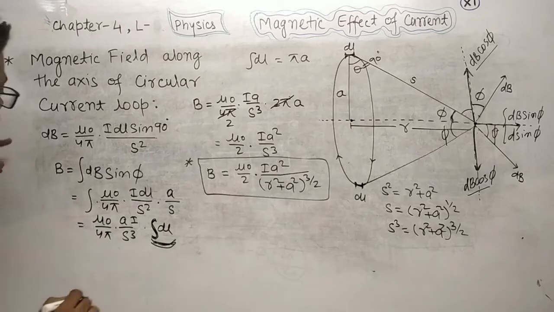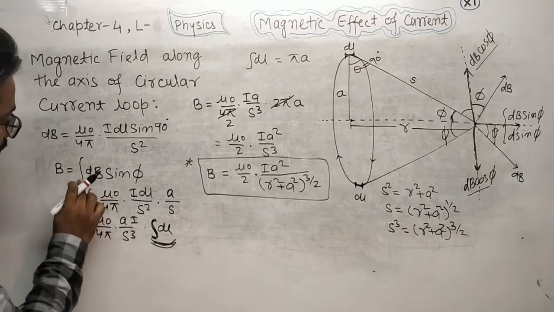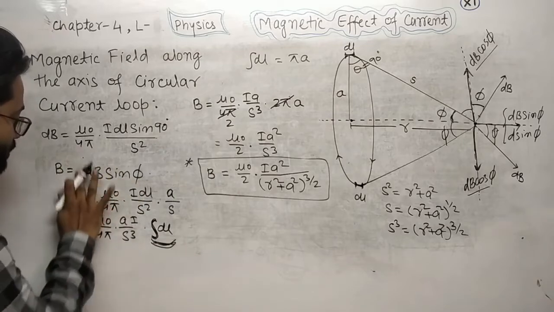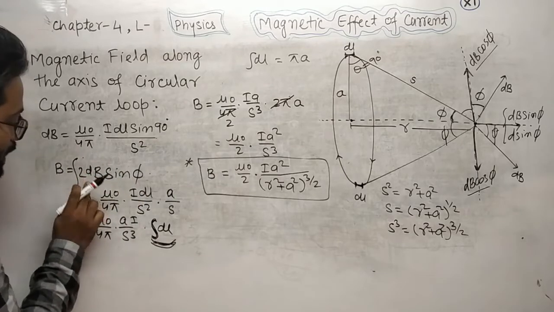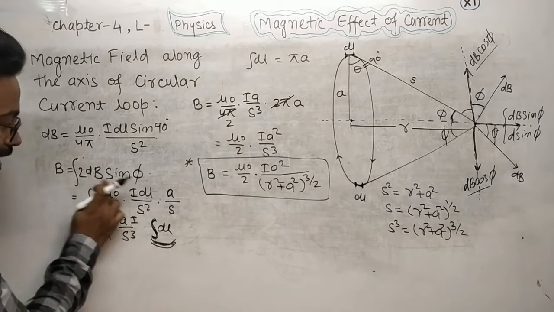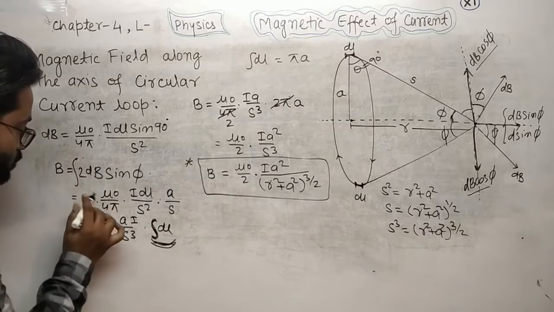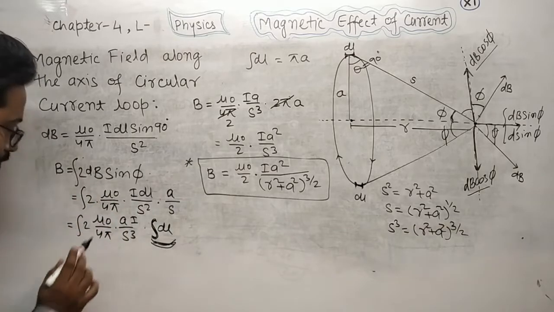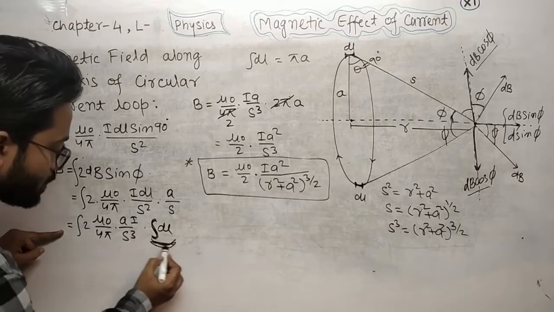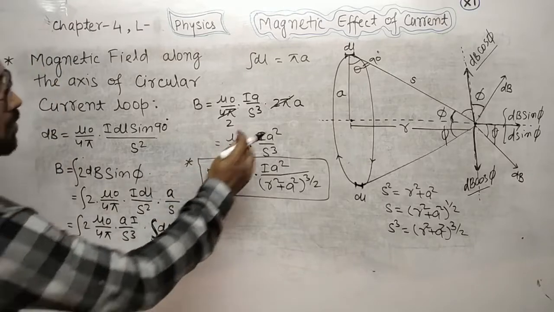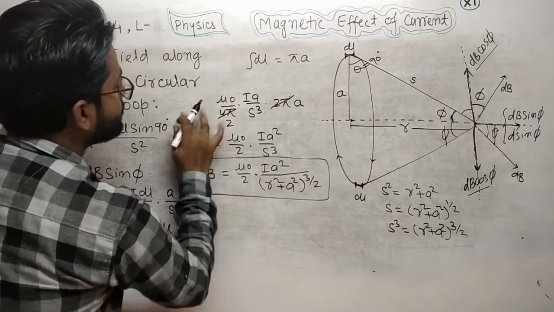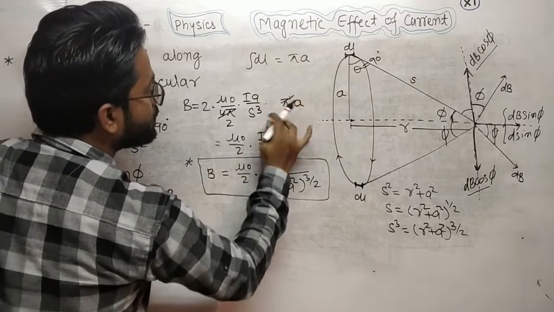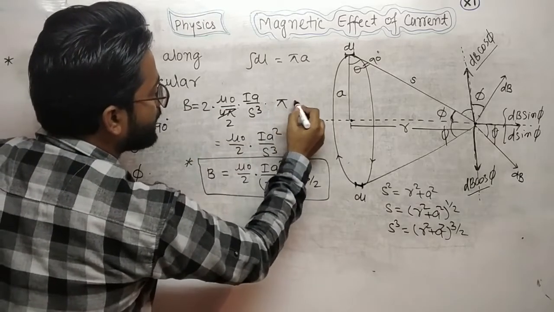Let us suppose we have taken 2 times integration dB sin phi. This will be 2 times, and this will be only pi a.